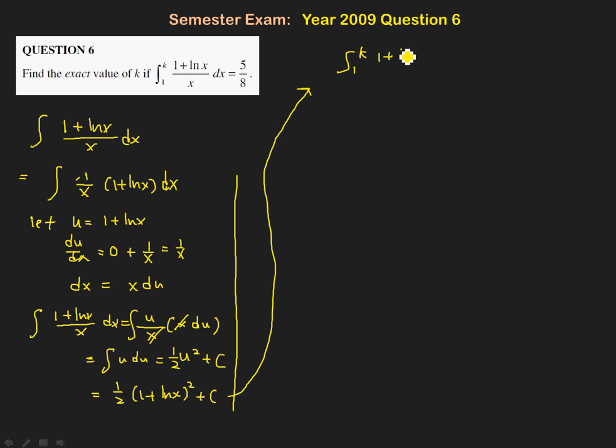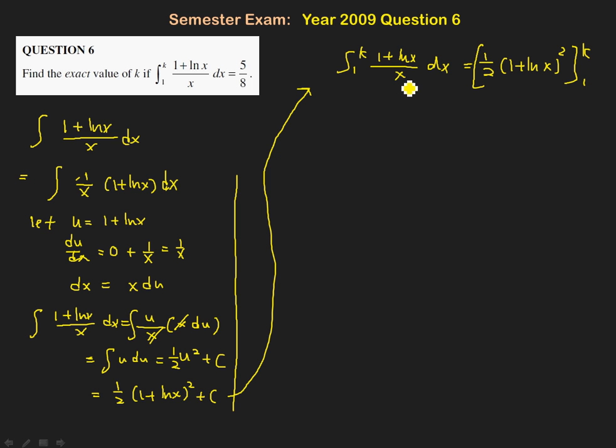Your task is to find the value of k, and it must be exact. So if you integrate this now, you know that the answer is 1 over 2 times (1 plus ln x) squared, but it will be definite, so no more plus c. It will be from 1 to k.